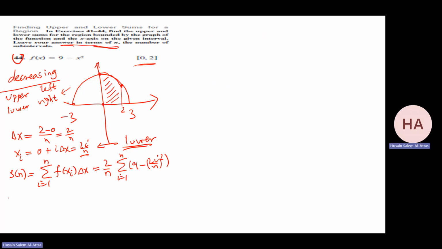That gives me 2 over n, summation i equal 1 to n of 9, minus summation i equal 1 to n of 4 over n square i square. That gives me 2 over n, that will be 9n.